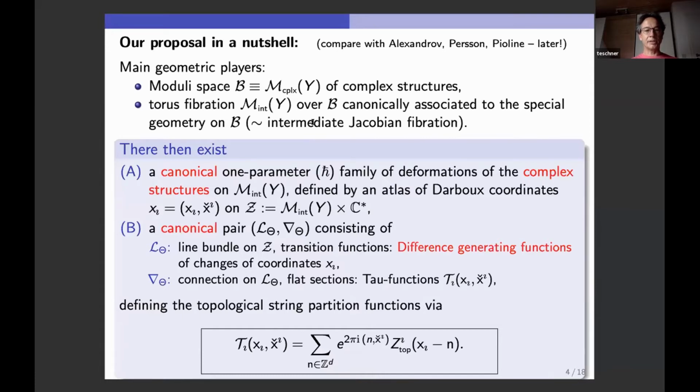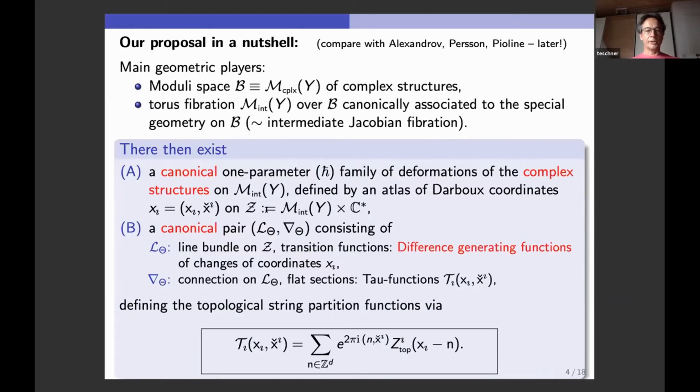Good. In any case, what geometrically are our main players? It is on the one hand the moduli space of complex structures on the Calabi-Yau in question, and then the torus fibration that, thanks to special geometry, is canonically associated to these moduli spaces of complex structures. So that would be the intermediate Jacobian fibration.